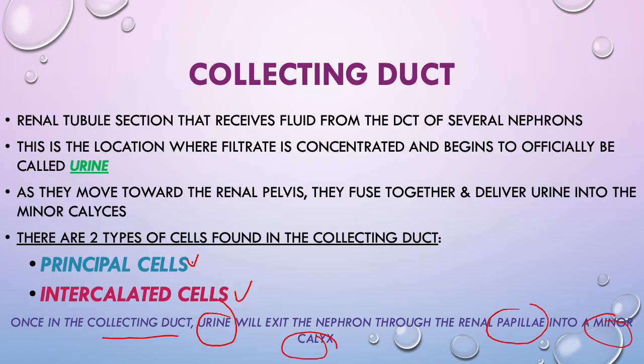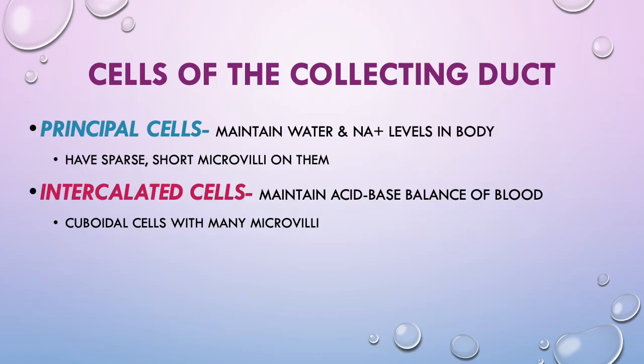These cells are pretty important because they play a role in reabsorption or secretion of important stuff. The principal cells maintain water and sodium levels in the body. They have sparse and short microvilli.